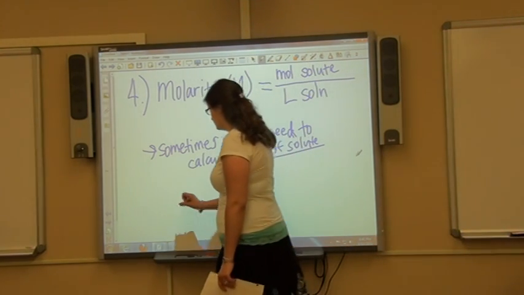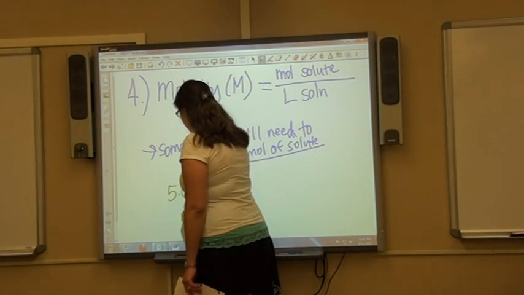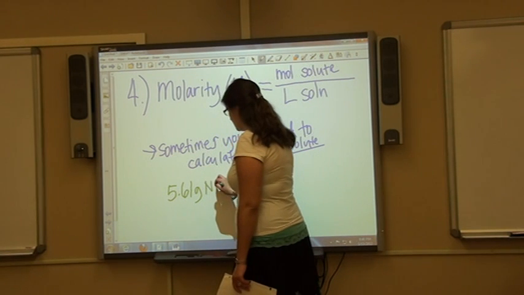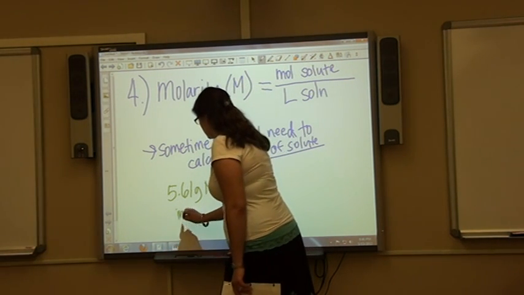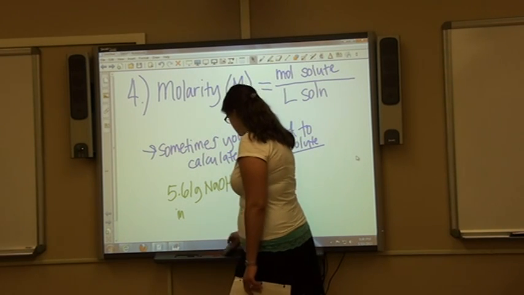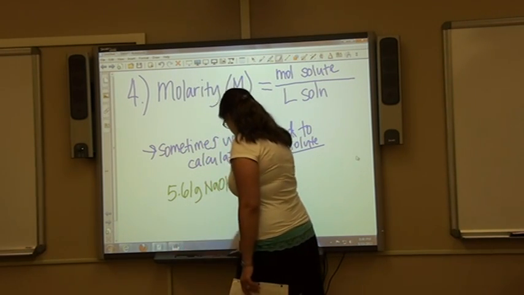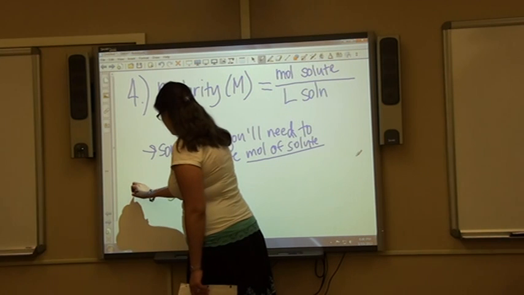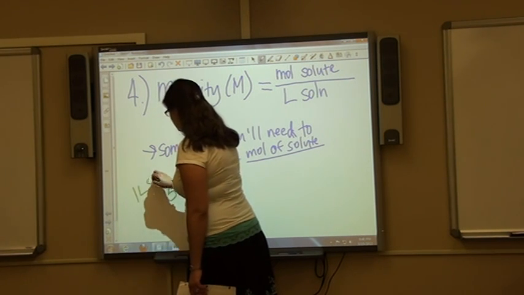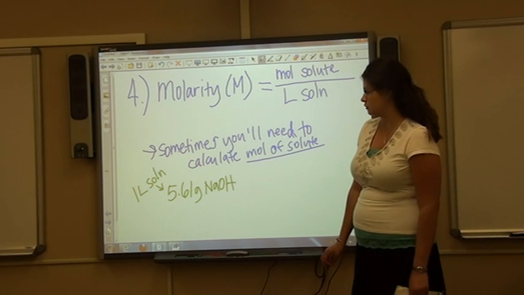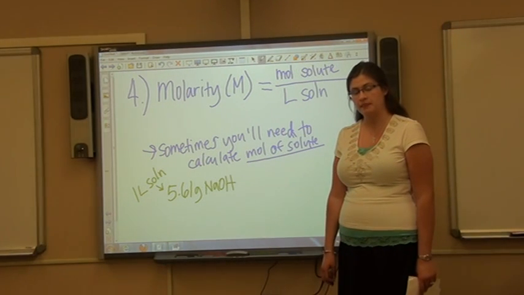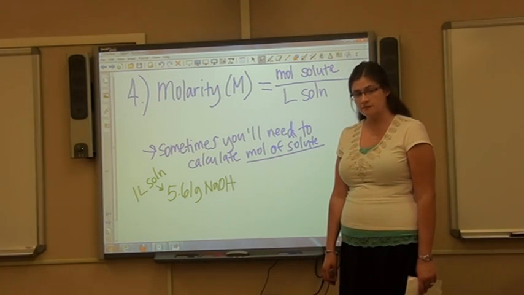If you have 5.61 grams of sodium hydroxide, let's say you have a 1 liter solution of 5.61 grams of sodium hydroxide, and we need to find the molarity.